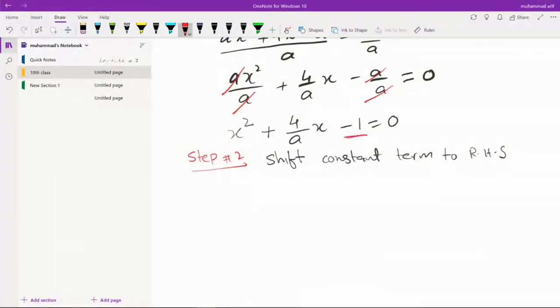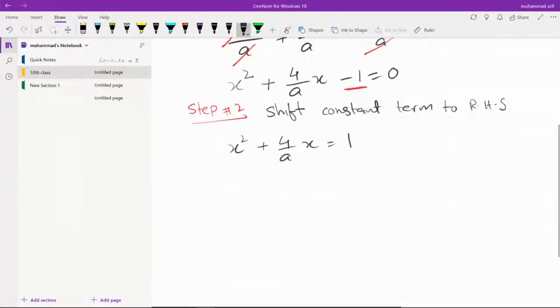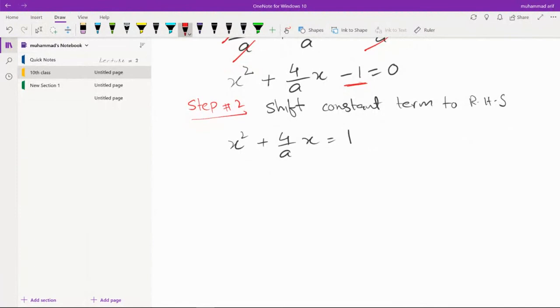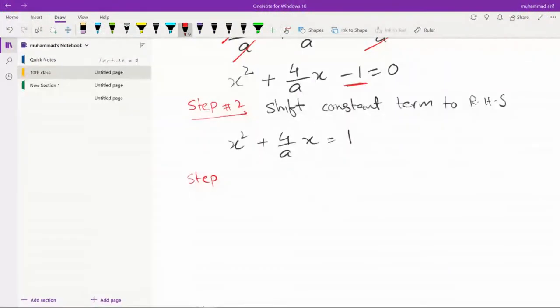Here it is minus 1. X squared plus 4 by a x equals to 1. Step 2 is clear. Now we start step number 3. What is step number 3?